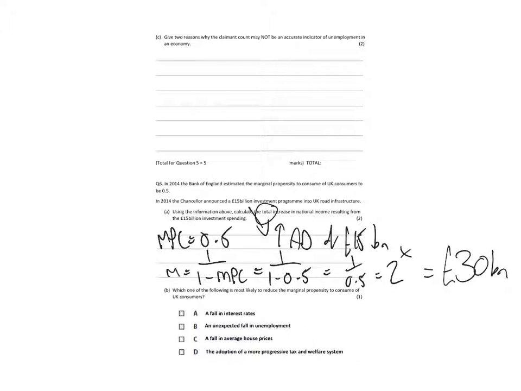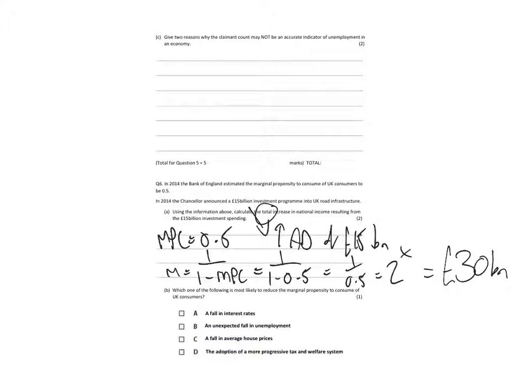So falling interest rates would probably increase the marginal propensity to consume. An unexpected fall in unemployment, again, should help to increase animal spirits and improve consumer confidence. People are less concerned about losing their jobs if unemployment is falling, particularly if they weren't expecting it, and that would mean marginal propensity to consume would probably increase.